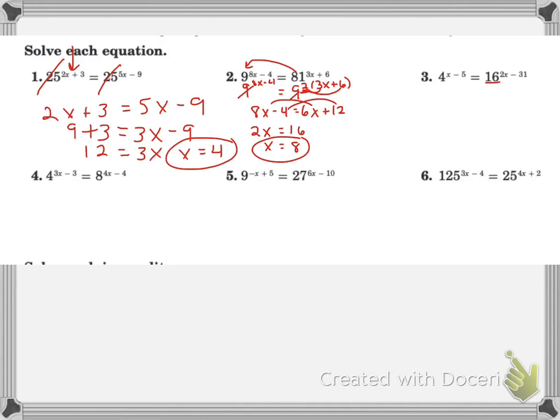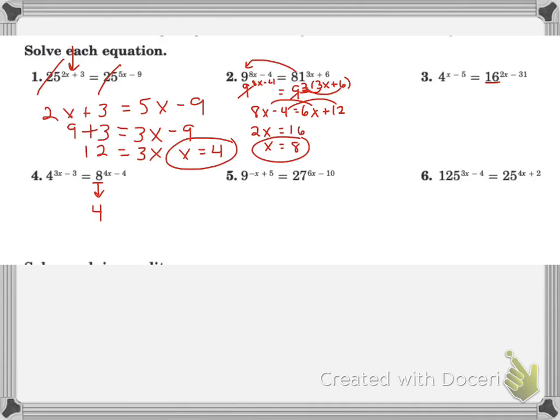So I'm going to move on to a problem where we need to change both bases. Okay? So if you look at number 4 right here, there is no way to rewrite 8 with a base of 4, meaning I cannot write 8 so that it has a base of 4. There is no power that will give me 8.